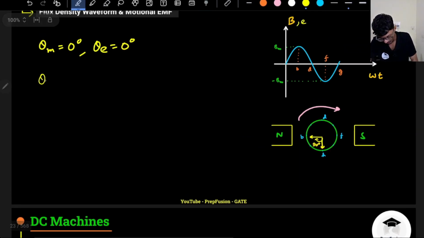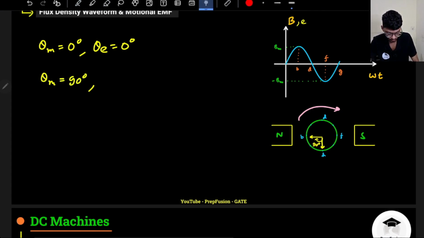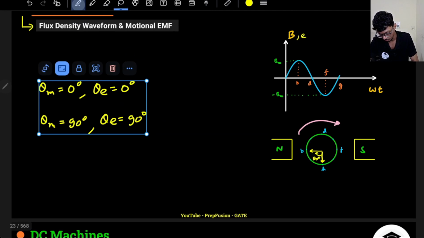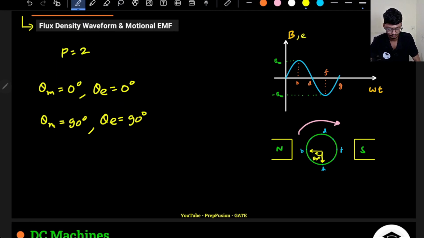Physically I have moved 90 degrees, and in the electrical domain I have also moved 90 degrees, because at point B the flux density is maximum in the positive direction. That means omega t is pi by 2, because the reluctance here is minimum, so most of the flux lines pass through here. So theta E is also 90 degrees. This is when the number of poles is 2, a north pole and a south pole.